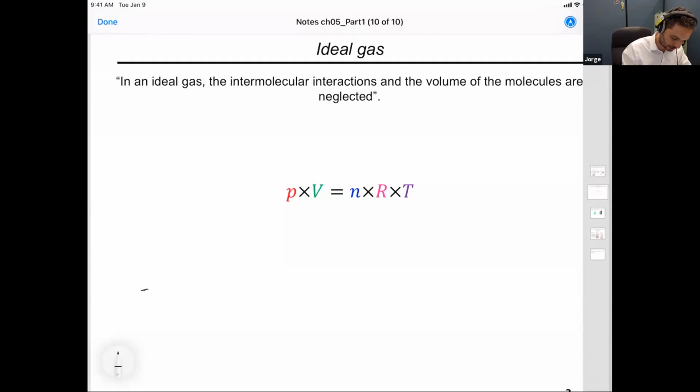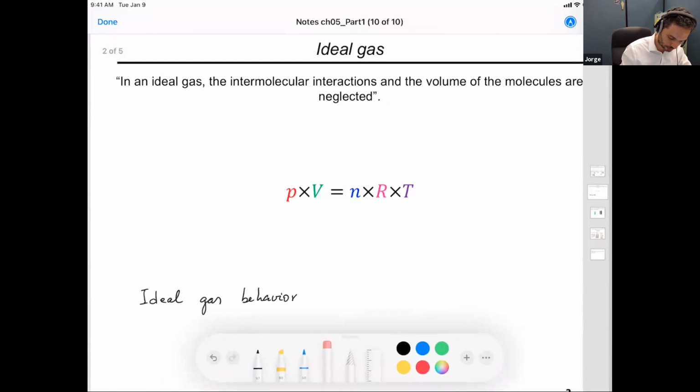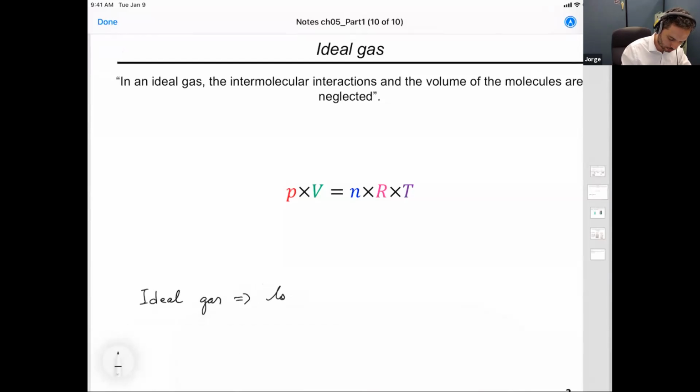And there is one situation in which the real gas has the same behavior as the ideal gas. And let me note here. So we can observe ideal gas behavior when we have low pressure and high temperature.